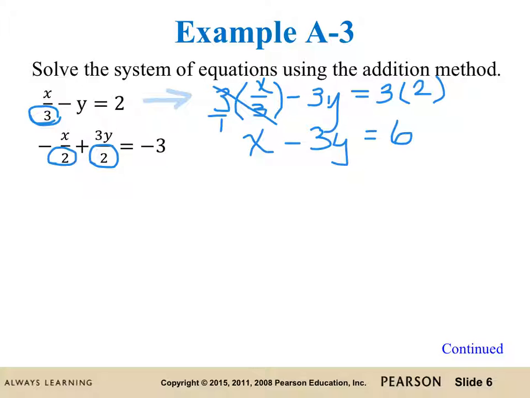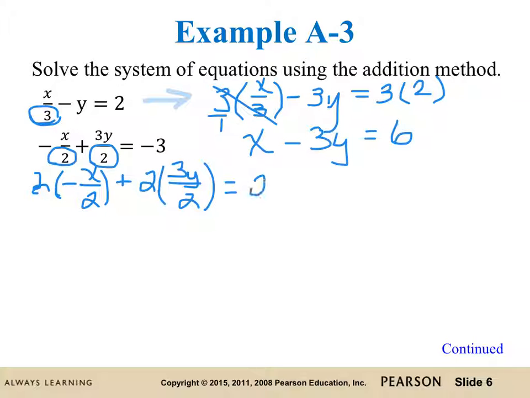So we're going to multiply through this equation by 2, which gives us 2 times negative x over 2 plus 2 times 3y over 2 is equal to 2 times negative 3.